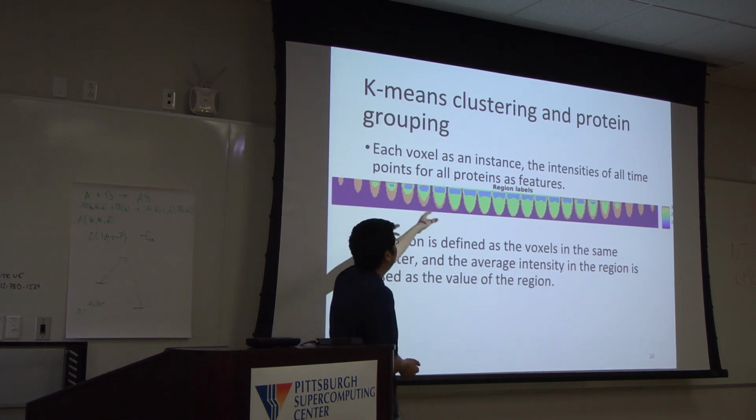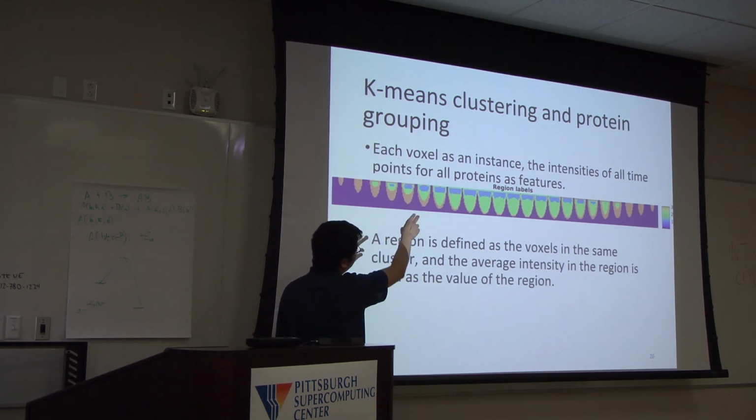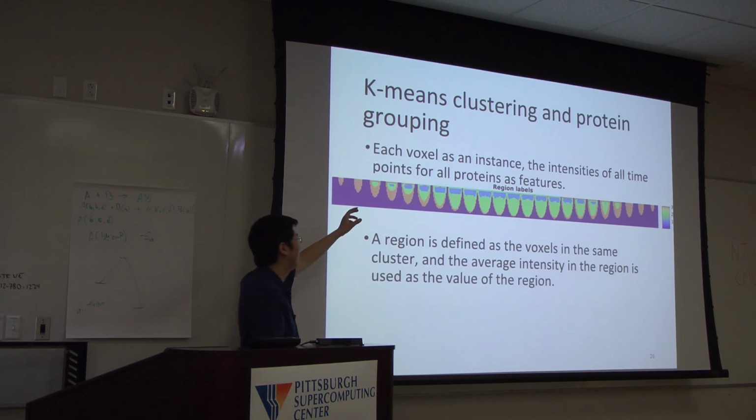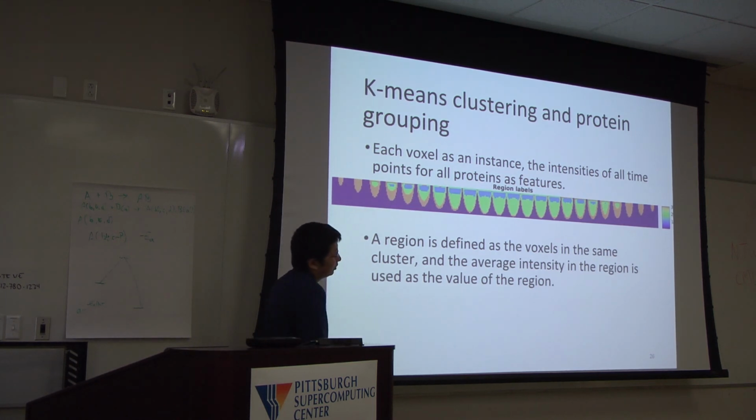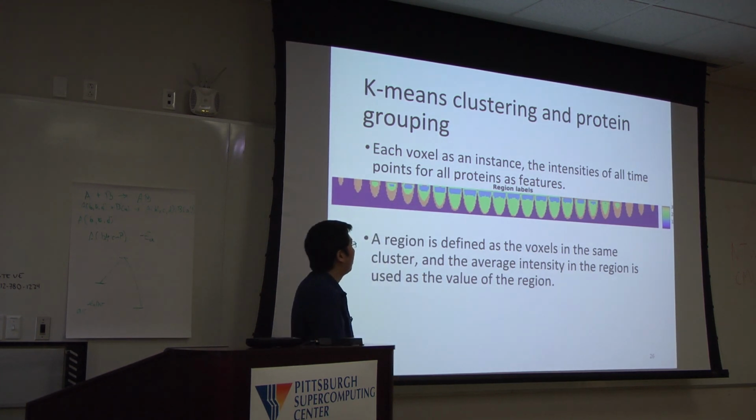So here is our result. This result is quite interesting because each cluster can represent a different part of the cell. Region 1, the blue region, approximately represents the synapse region.